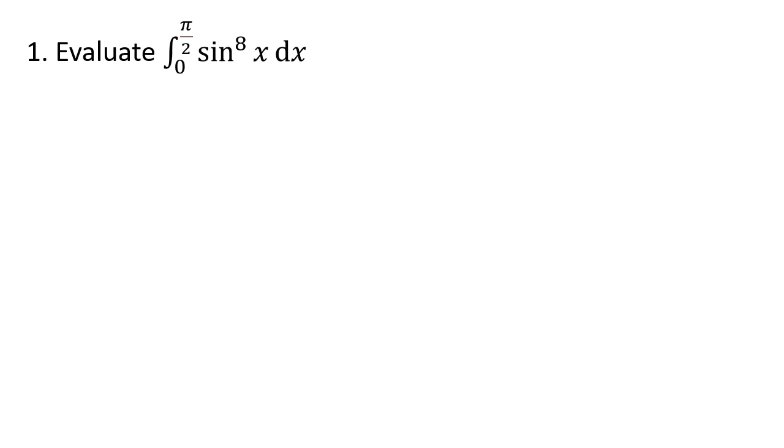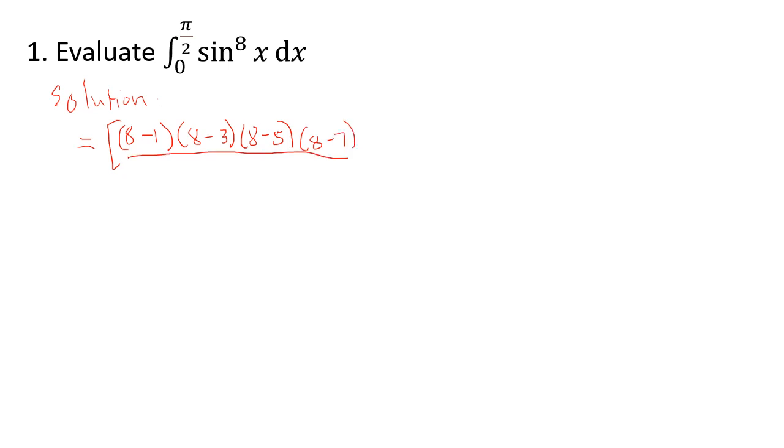So your solution equals (8−1)(8−3)(8−5)(8−7) over 8 times (8−2)(8−4)(8−6). Stop if m+n−2 equals 2 or 1.